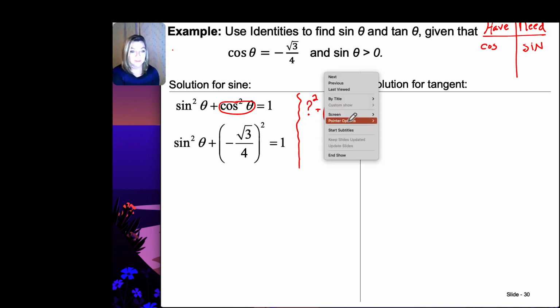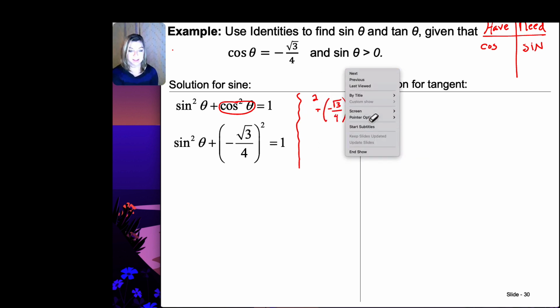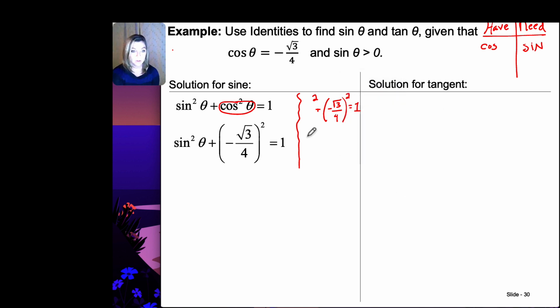So let's erase our question mark and change it to an X so it looks very similar to a question you would have seen in your algebra class. Had you been given a question in algebra that said solve, you would have taken this equation and manipulated it, moved everything around until you isolated X.